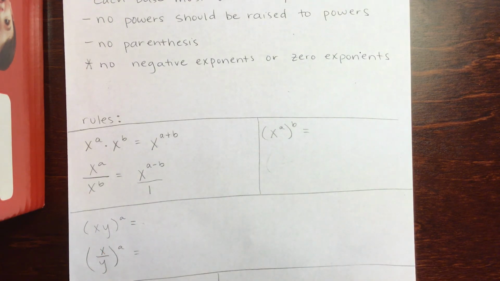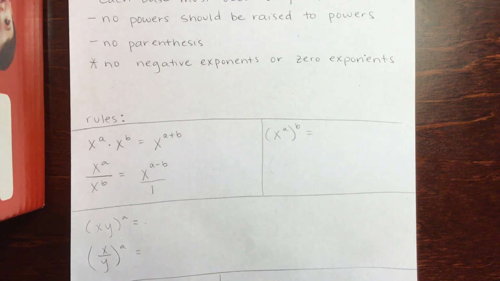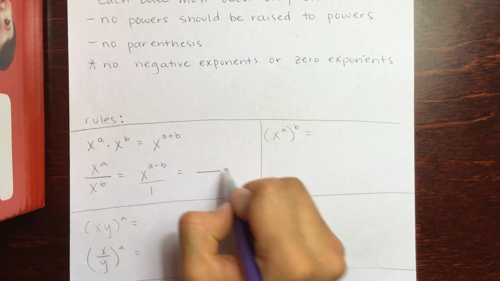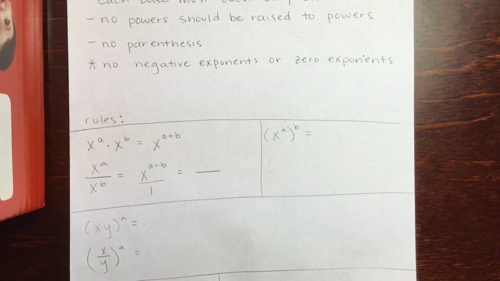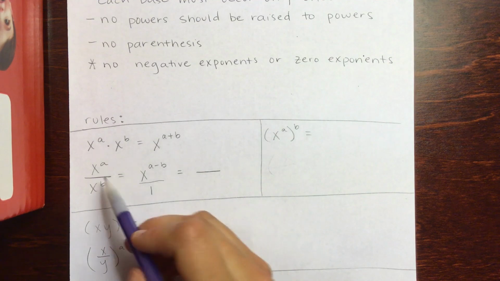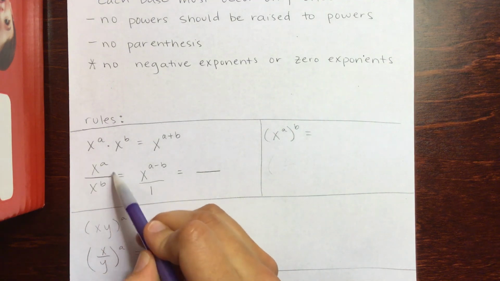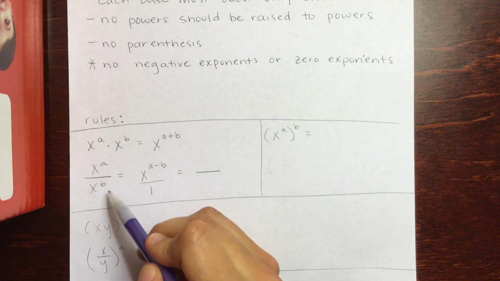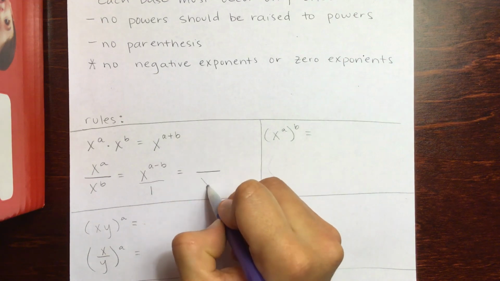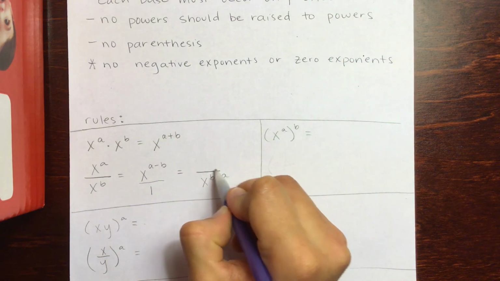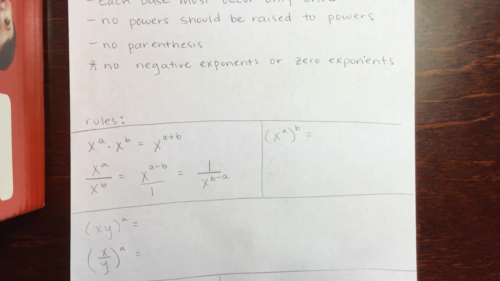Actually, we never write over 1 when you're writing your final answers, but sometimes it helps people to see, keep it in fraction form. So you can write it this way, a minus b, but you can also say b minus a from this original fraction. But if you do b minus a, you need to keep it on the bottom and just put a 1 on top for your placeholder.